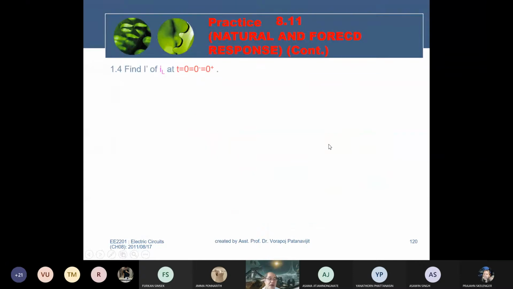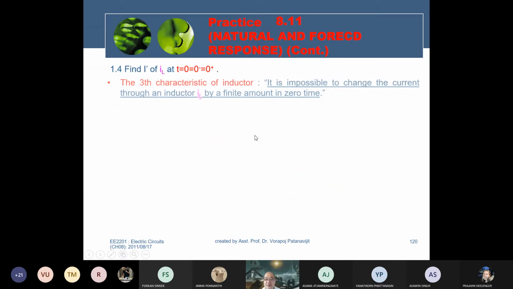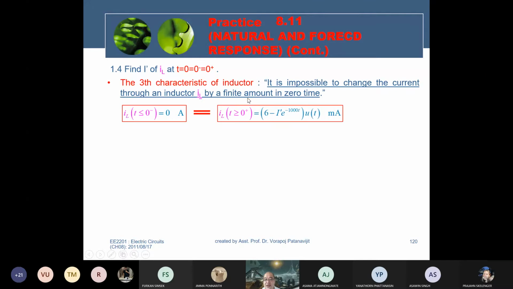Now you must determine the initial condition I0. From the third characteristic of the inductor, it is impossible to change the current through an inductor IL by a finite amount in 0 time. IL is 0 for time less than 0, and for time greater than 0, the inductor current equals 6 minus I, e to the power of minus 1000 t.